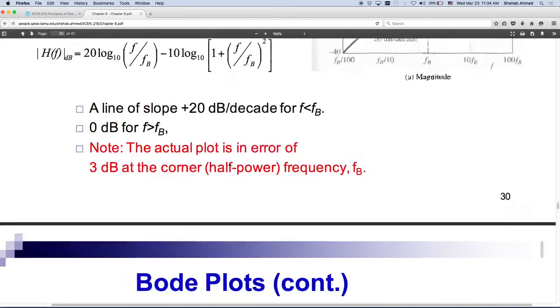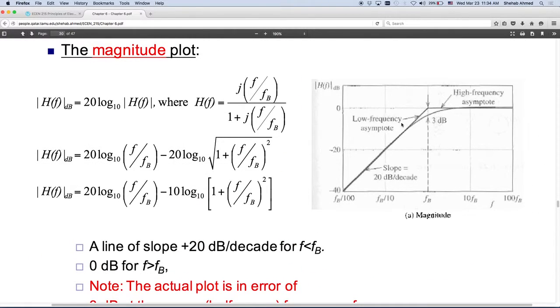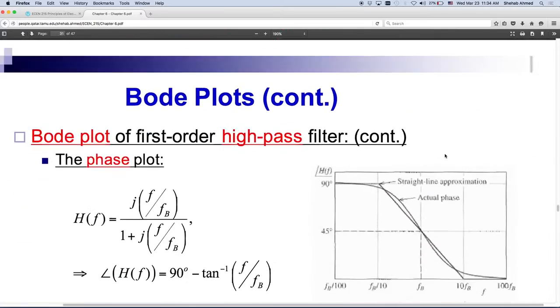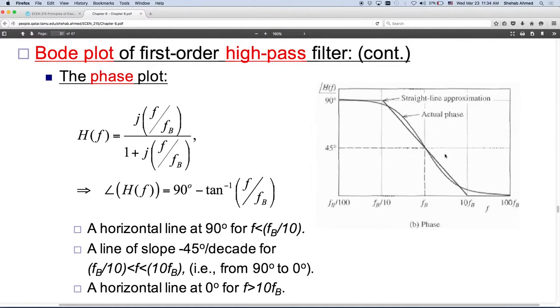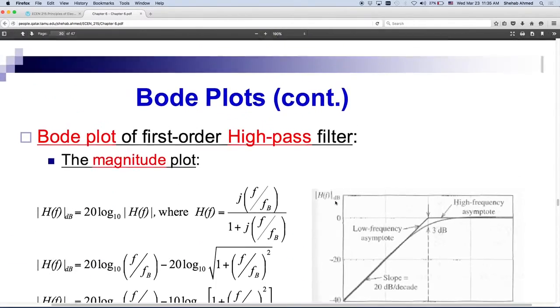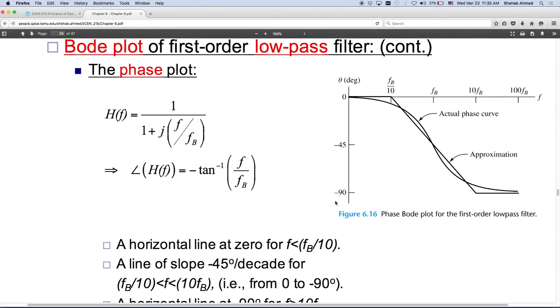So this is the magnitude plot of the high pass filter, and this is the phase plot of the high pass filter. Notice that when you calculate the angle, it ends up being 90 minus a certain value, and hence these are positive numbers, versus in the previous one, for the low pass filter, where the angles were negative.